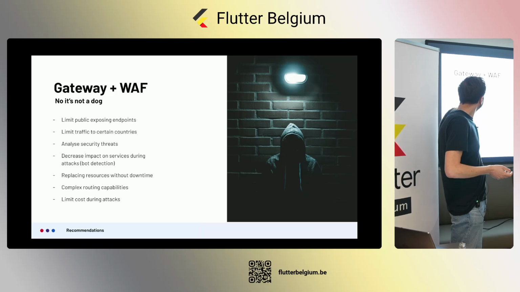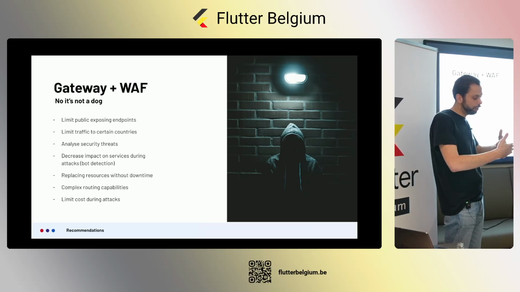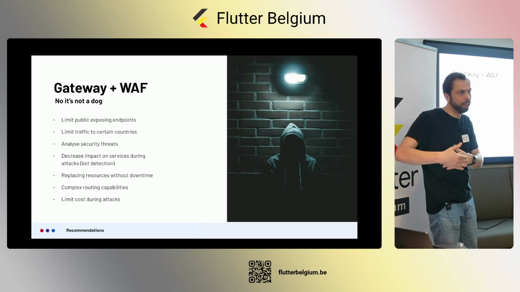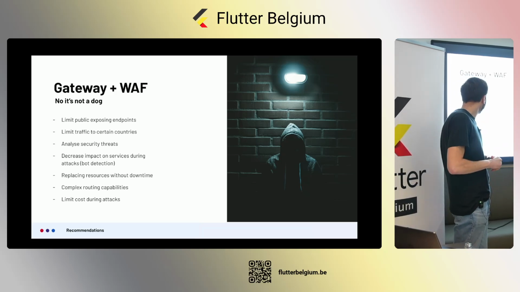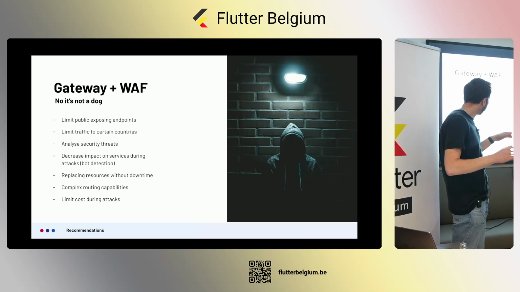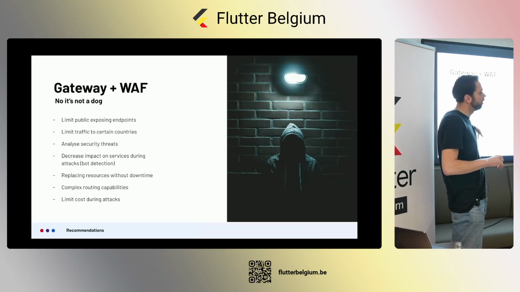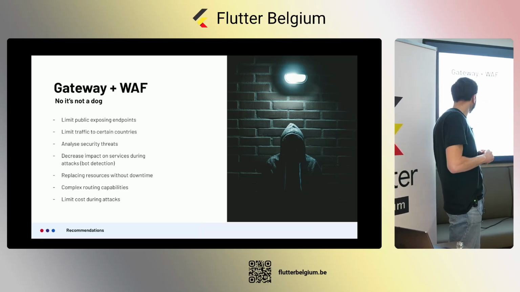Also, using a gateway, you can replace the backend that's running behind it. You can also do complex routing and limit the cost during attacks. That's maybe the most important one.